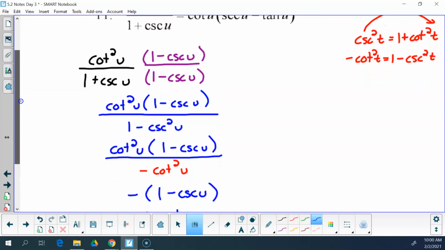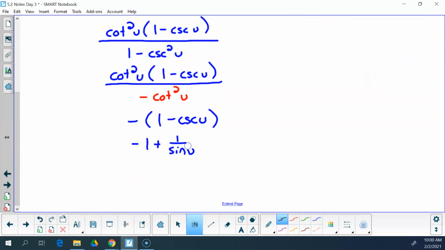Remember, I want to get it to be cotangent times, what was it? Secant minus tangent. Yeah. Common denominator. We're done.